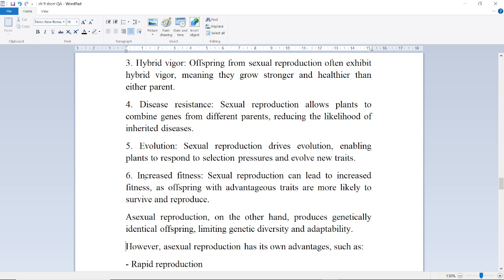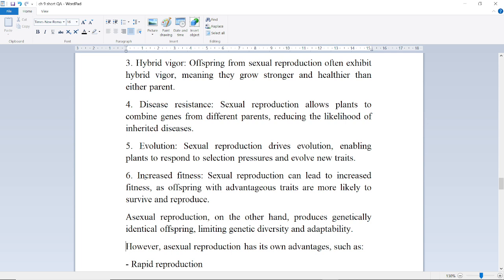Increased fitness. Sexual reproduction can lead to increased fitness as offspring with advantageous traits are more likely to survive and reproduce. Asexual reproduction, on the other hand, produces genetically identical offspring, limiting genetic diversity and adaptability.